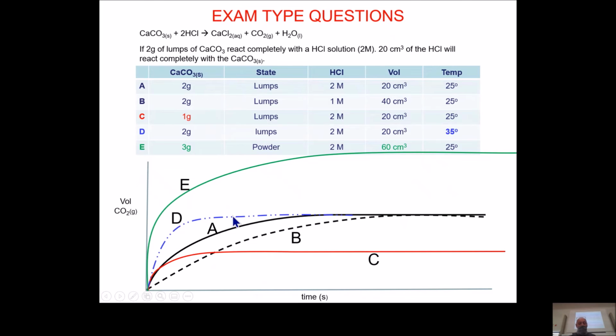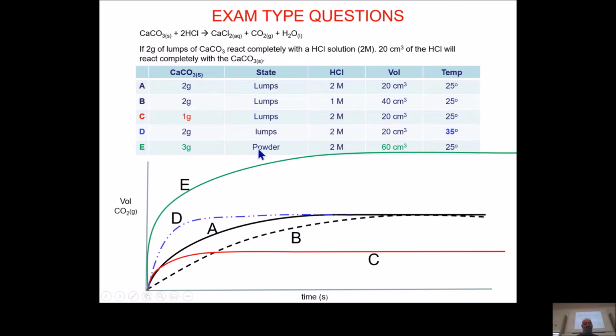Now, why do I say D is the fastest? Well, remember, 10 degrees doubles the rate. Sorry, no. E is the fastest, yes. E has to be, the initial rate is faster, and E has to be that curve because of the amounts, right?